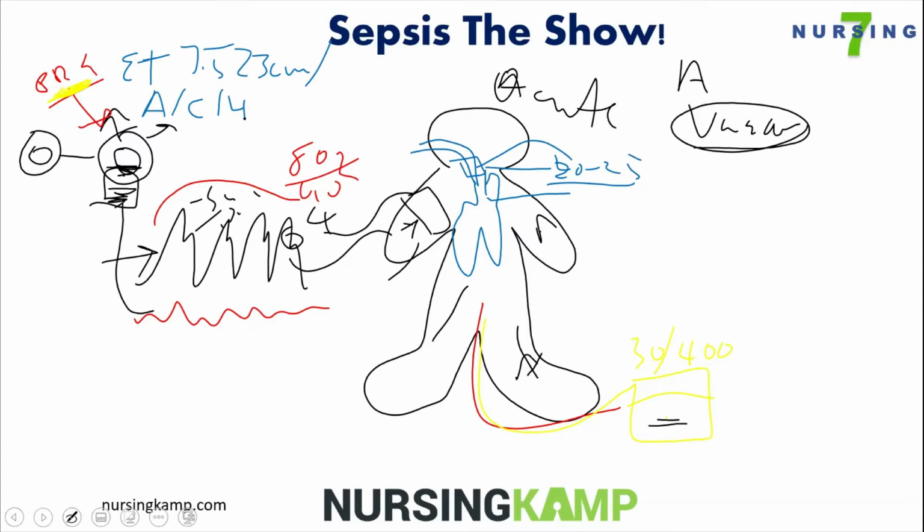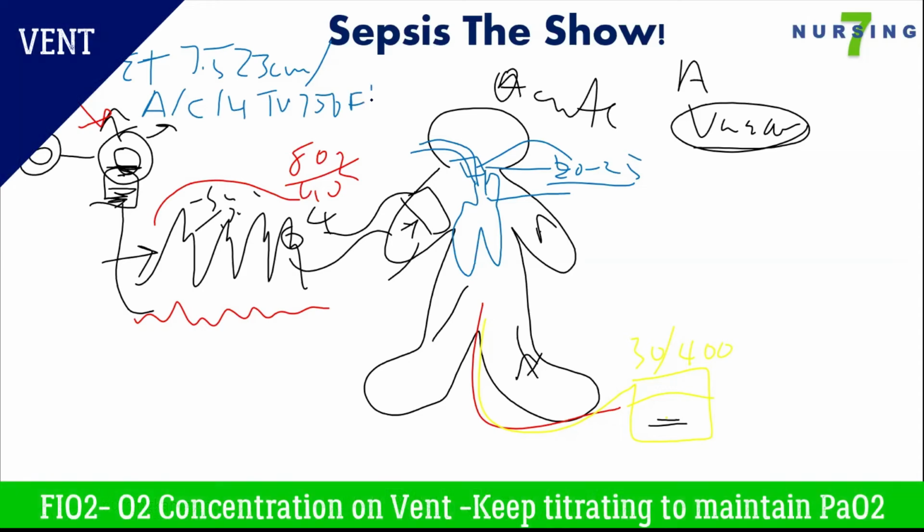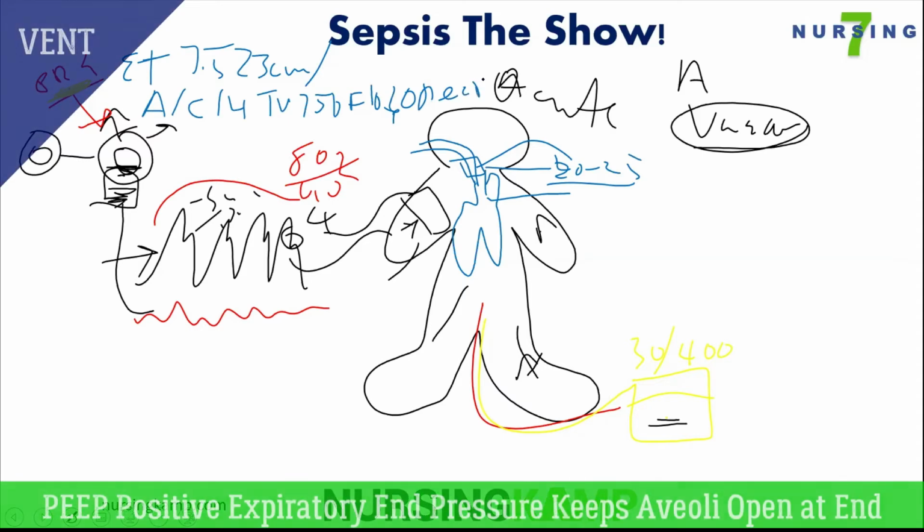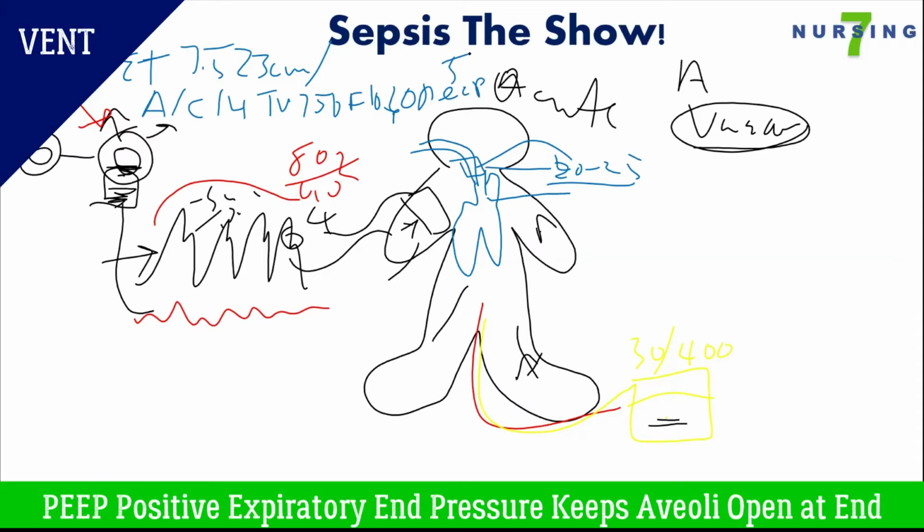We're just going to ventilate them and keep them going. So we'll make sure they have a tidal volume, whatever their range is, 750, and then FiO2 at 60%, and we'll put a PEEP of 5 on this patient.